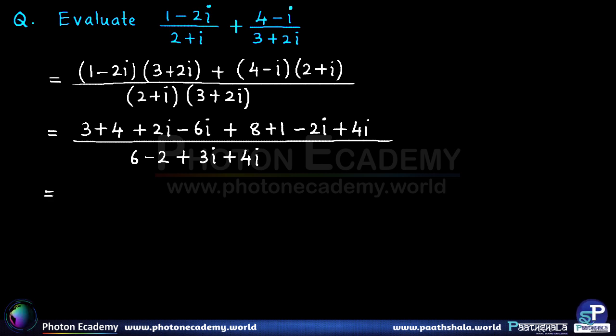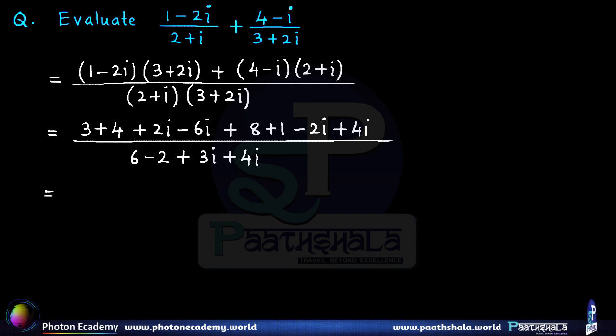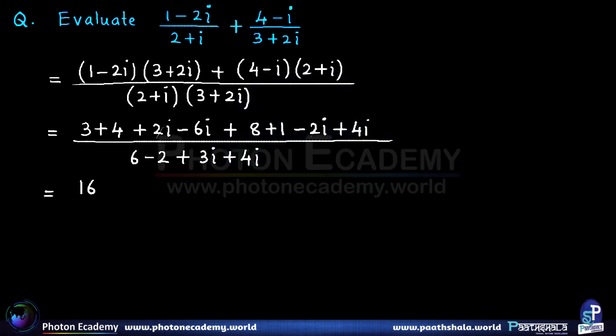So we collect all the real parts and all the imaginary parts in the numerator. Here we have 3 plus 4, which is 7, and 7 plus 9, which is 16. Then 2i gets cancelled, and we have minus 6 plus 4, which is minus 2, whole divided by 6 minus 2 is 4, and 3 plus 4 is 7.